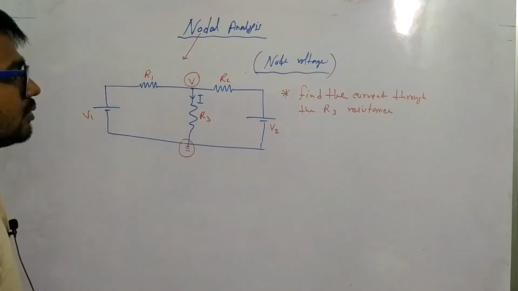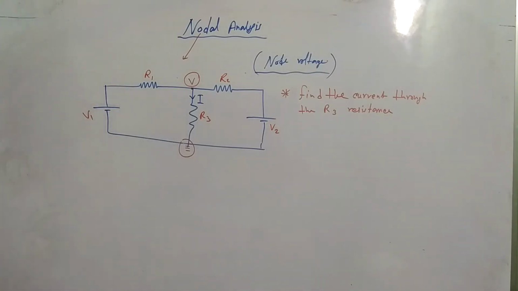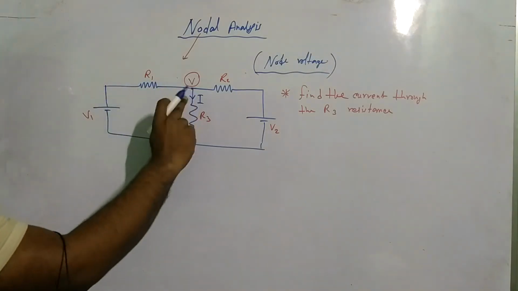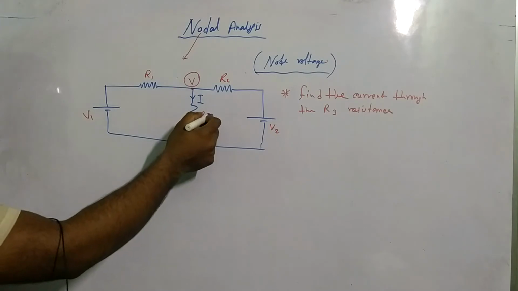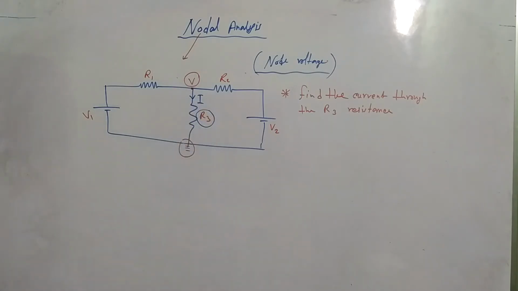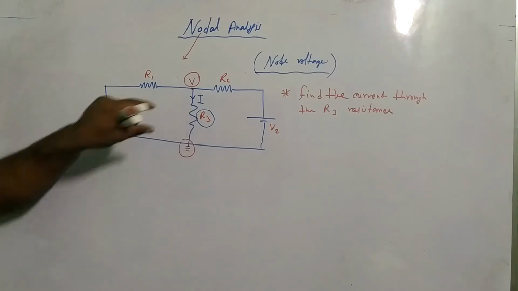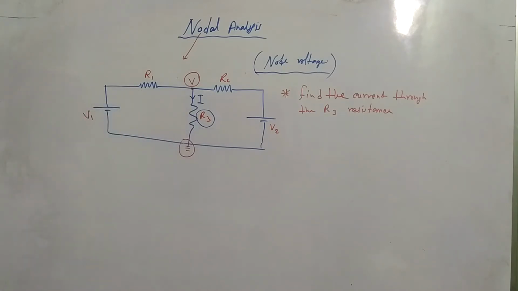Through nodal analysis, how do I find the current? At first, I try to calculate the node voltage, or the voltage across this resistance.